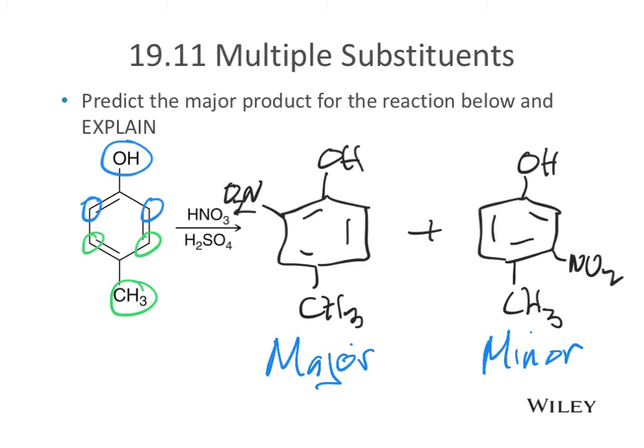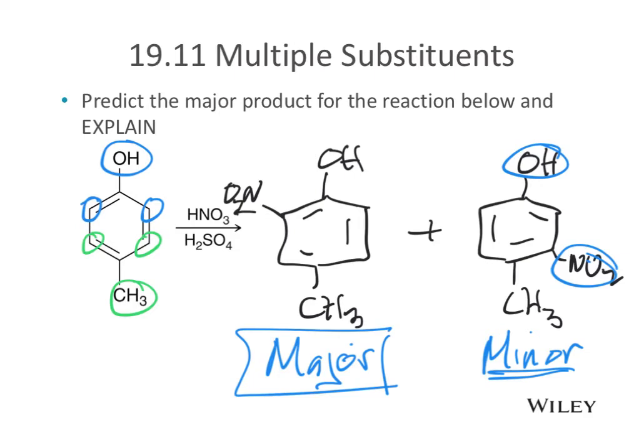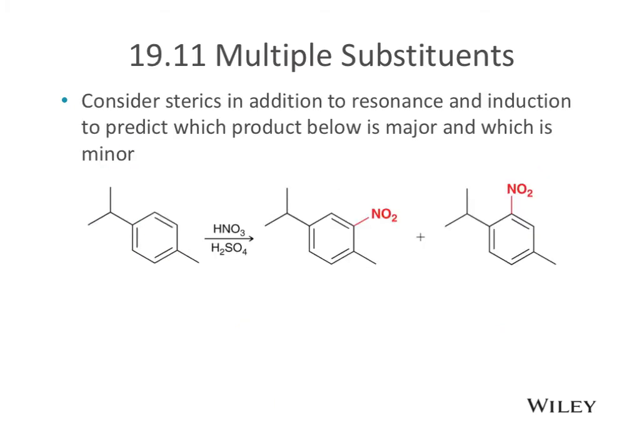All right. Now, given that this position here is meta to the OH, when I say minor, I suspect I'm talking truly minor, because that OH does not want the nitro group to go into the meta position. So I think we're going to have a noticeably major amount of the ortho relative to the alcohol group in our mixture here.